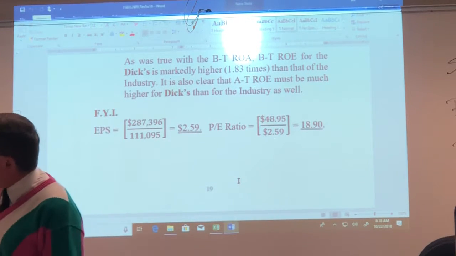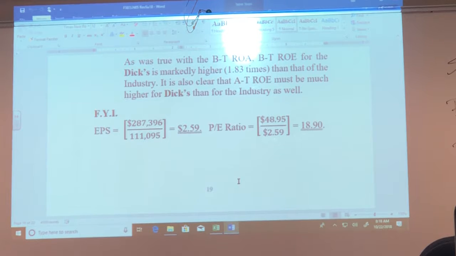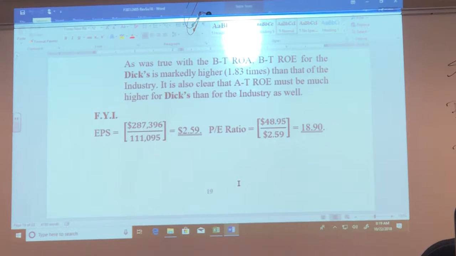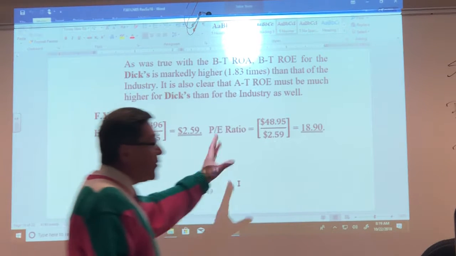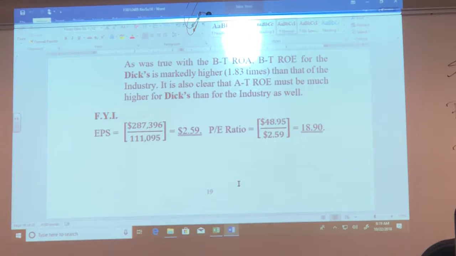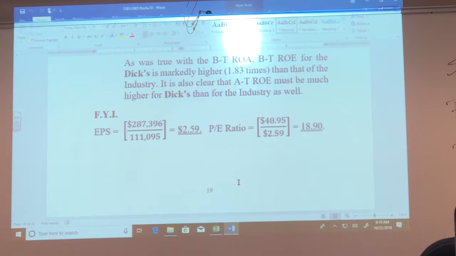And it's unfortunate the board's not working here this morning, but basically the higher this is, the more expensive the stock is for a given dollar of earnings. And we would need to know what the industry number is to see if this is relatively expensive or not.